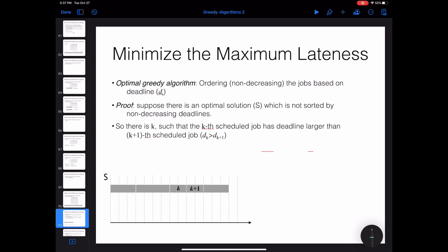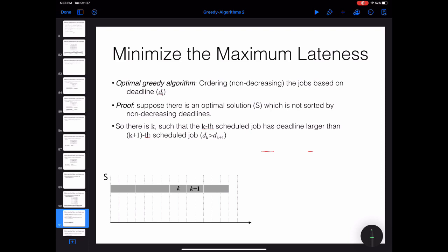There is no difference. I'm emphasizing non-decreasing because sometimes some of the numbers are equal, and it is important in our proof. So how to prove this? I'm going to just assume there is an optimal answer, okay?